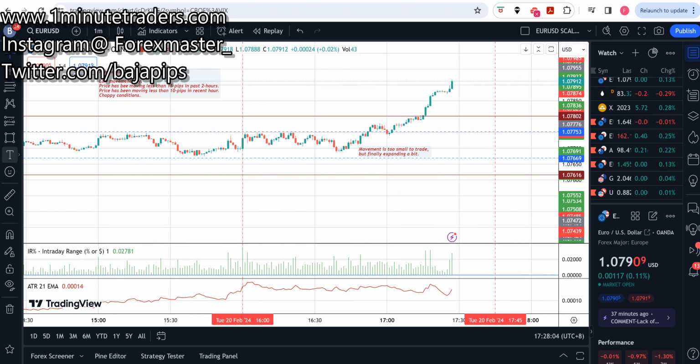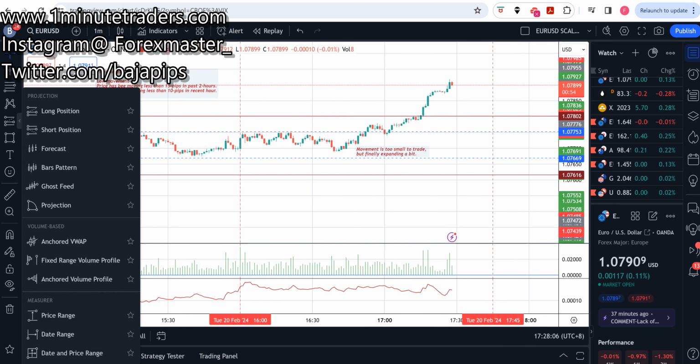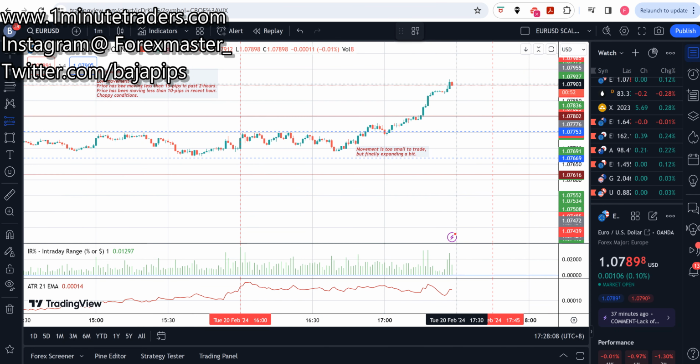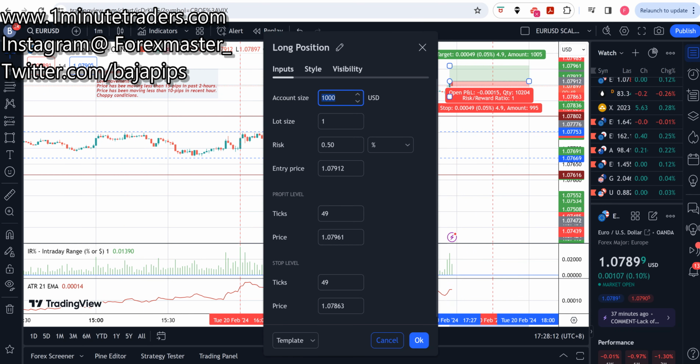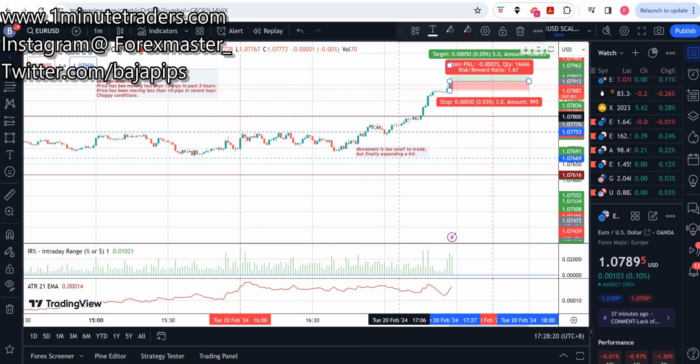I mean, I just got a long in, a little bit delayed. For a moment, I'll show y'all what happened. Good stop loss. I'm a little late, so I'm going for 5 big target. A little under 2, but I wanted to compensate for it.